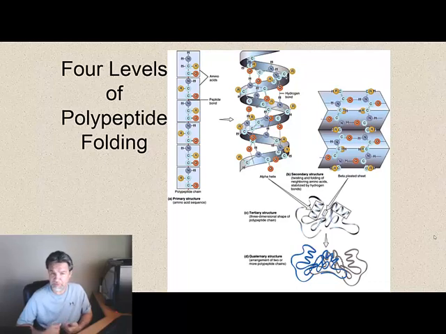Now, before it begins twisting and changing its shape or conformation, we're going to just talk about its alphabet. What is the sequence of amino acids that make up the polypeptide? And that's called the primary sequence.